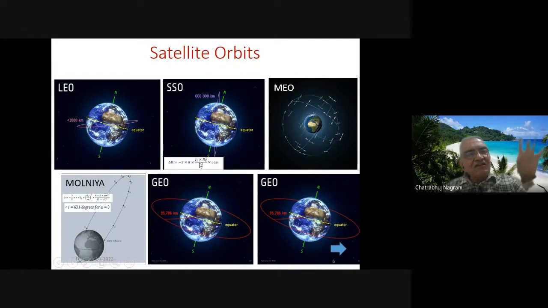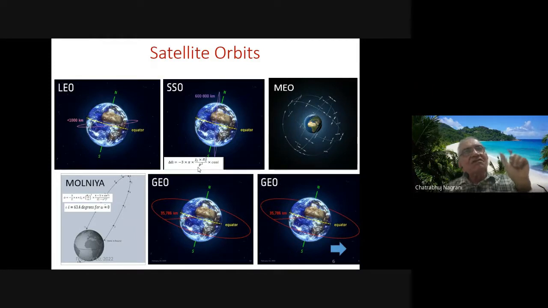Now the only two parameters under your control are inclination and orbit height: cos I and P square. I want to put it at what orbit height and what inclination. So there are pairs.